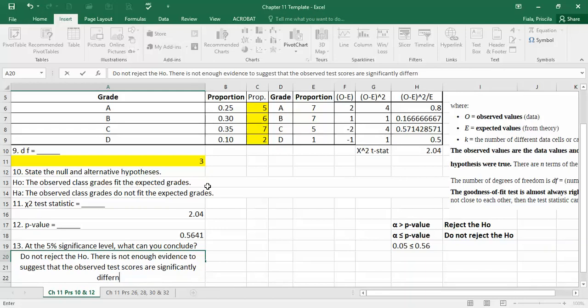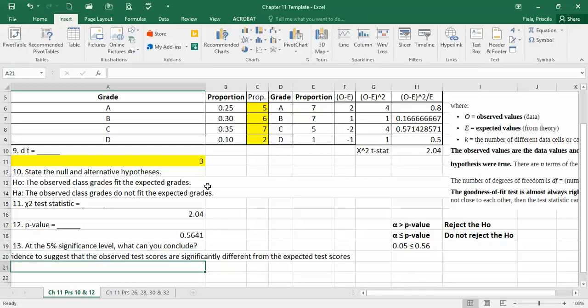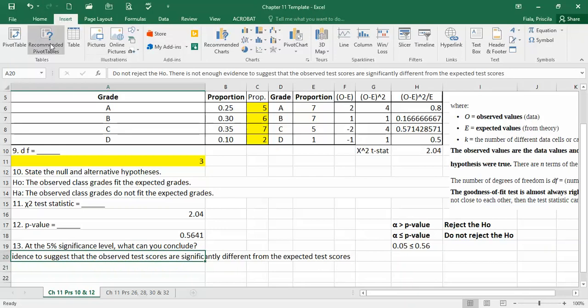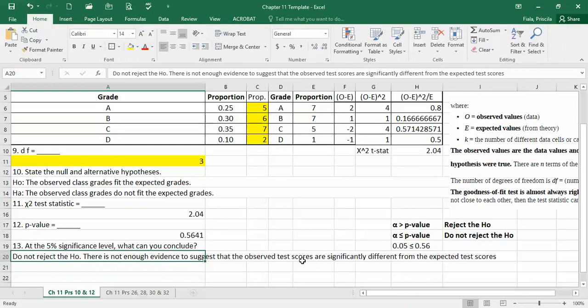No, it is right. Different from the expected test scores. So do not reject the null hypothesis. The observed class grades fit. Well, it's not that much that we can reject it. And then you would be done with problems 10 and 12.